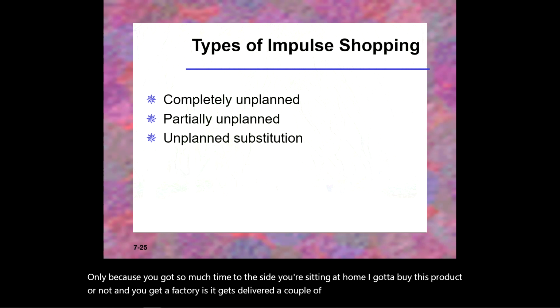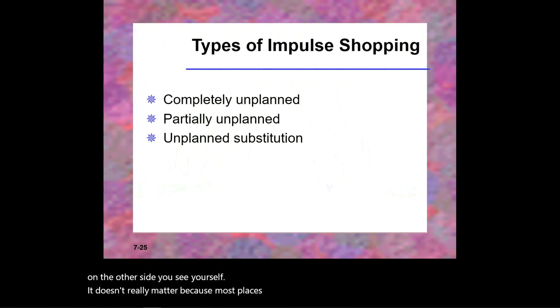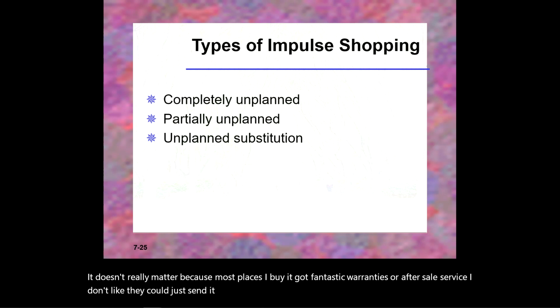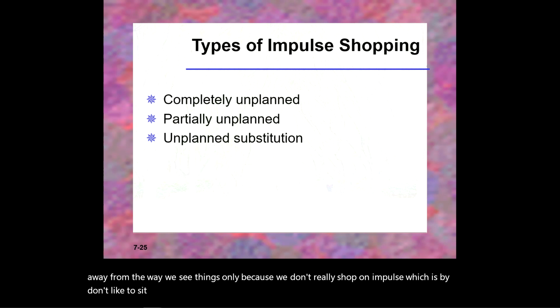And also, on the other side, you say to yourself, it doesn't really matter because most places I buy from have fantastic warranties or after sales service. If I don't like it, I could just send it back. So here again, impulse shopping is completely taken away from the way we see things, only because we don't really shop on impulse. We just buy it, don't like it, send it back, right? It's something that a lot of us do, and I have to admit, I do.